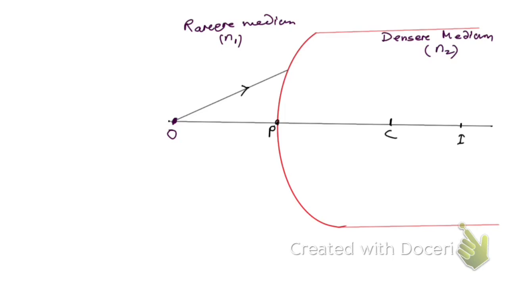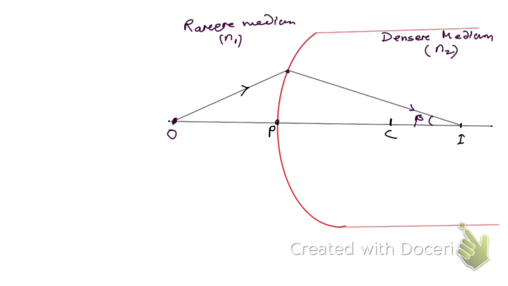Now you see, this is the refracted ray, where we have got the image. This angle is suppose beta. Now you know how to draw the normal at this point. That normal should be passing through the center of curvature, right? So here is the normal.